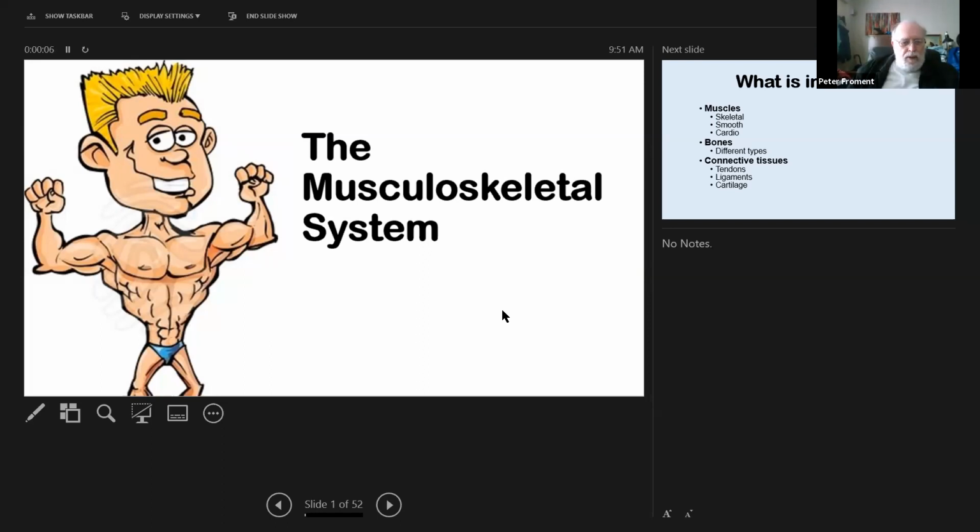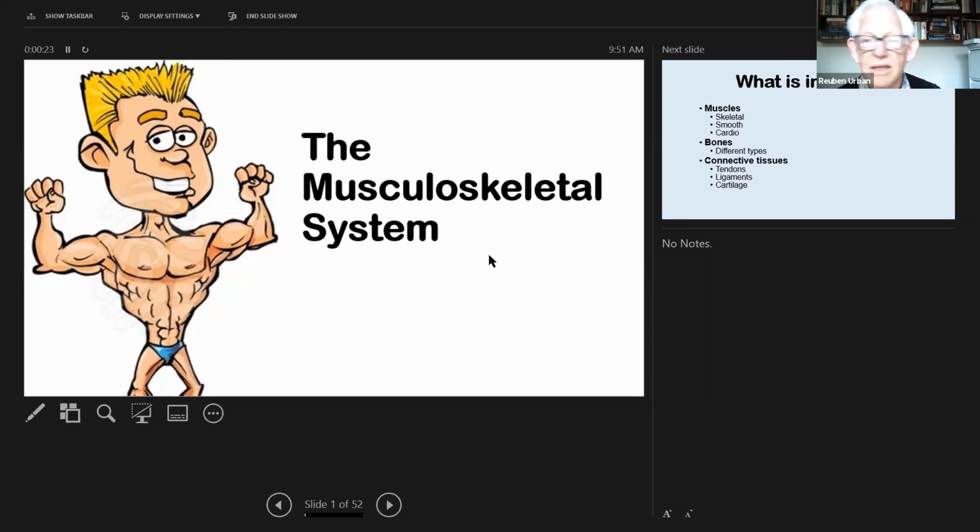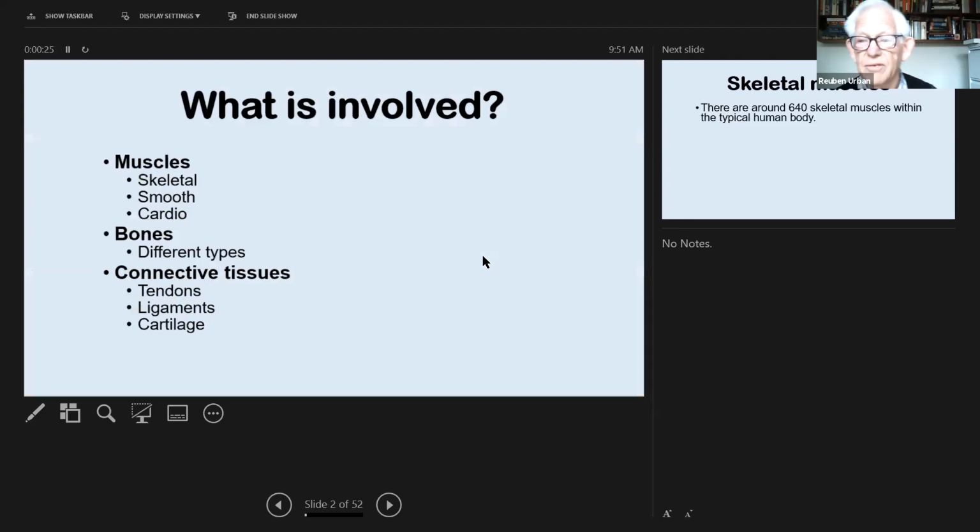The thing is, this is something that might challenge you a little bit, extend the brain power somewhat. The musculoskeletal system is about everything about how we move, and lots of other things about us. If you looked at the notes I gave you, you would have noticed that we have three different types of muscles in our bodies.